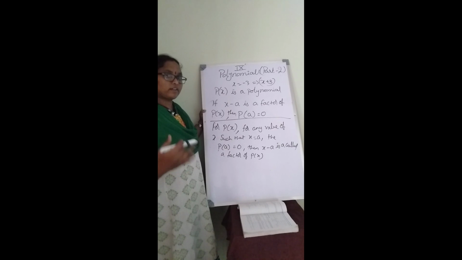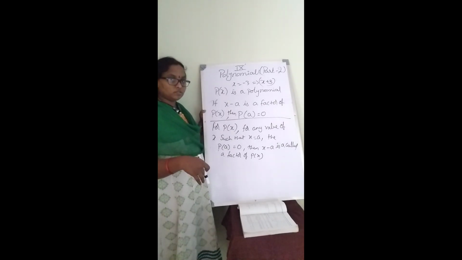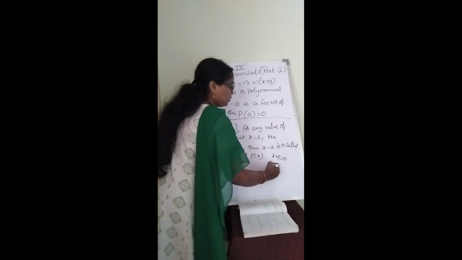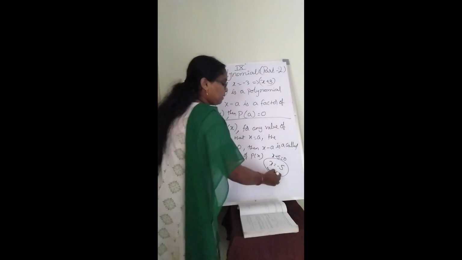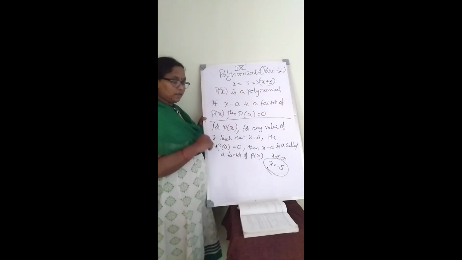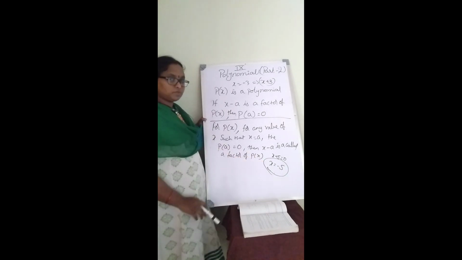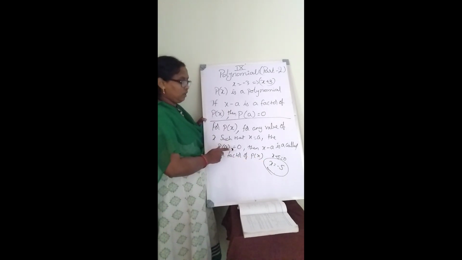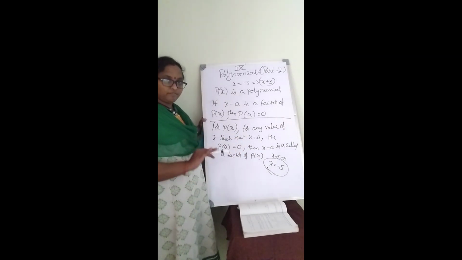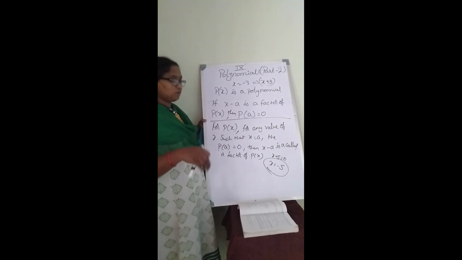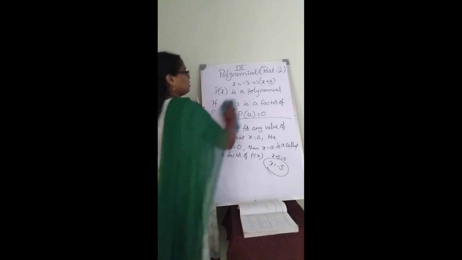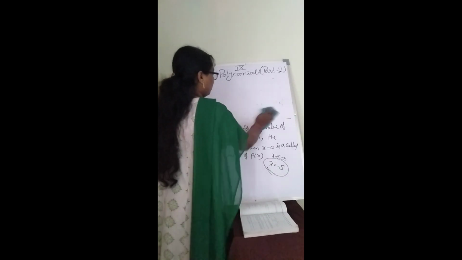Then x plus 5 equal to 0 gives x equal to minus 5. In the place of x, if I substitute minus 5 and I get 0, then I will call x plus 5 a factor. If not, you have to conclude that x plus 5 is not a factor.